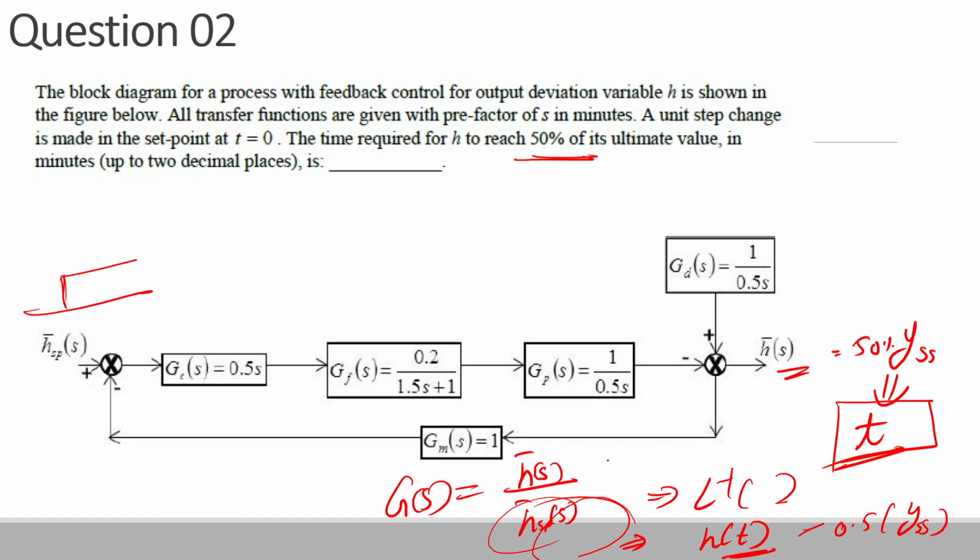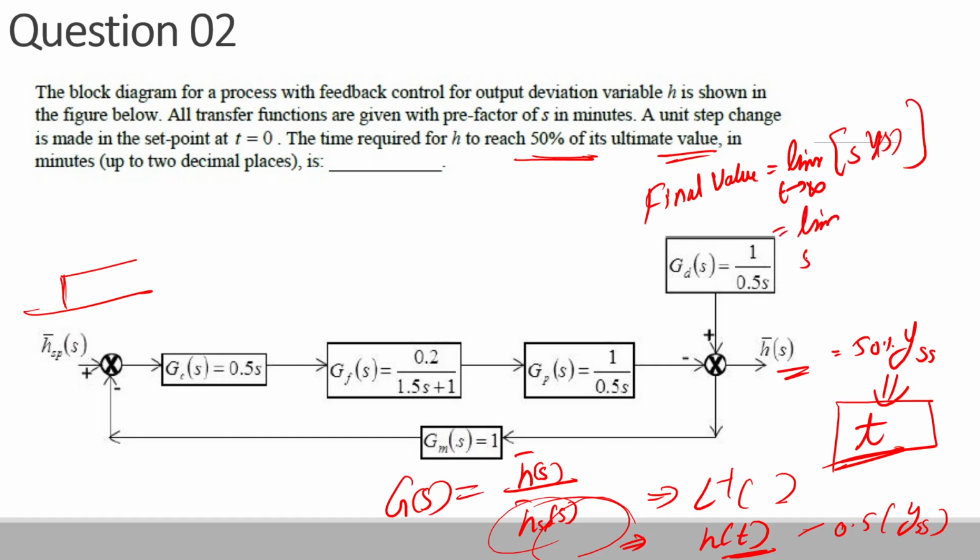Once we have this transfer function model, we need to find the steady state value also, that is the ultimate or final value, and we can calculate that using the final value theorem. That is, limit t tends to infinity of f(t) can be calculated as limit s tends to 0 of s times Y(s). Using this we will get the ultimate value, that is h SS.